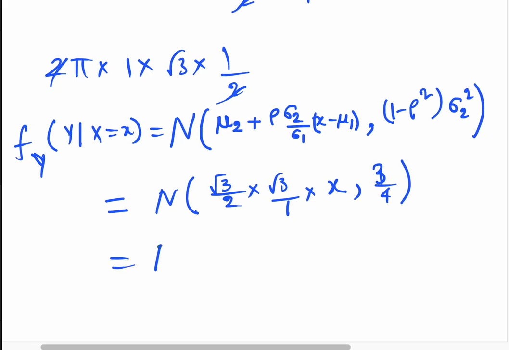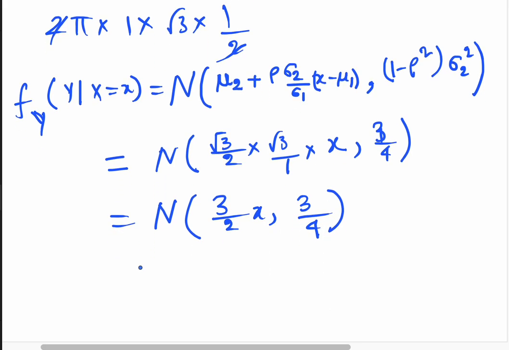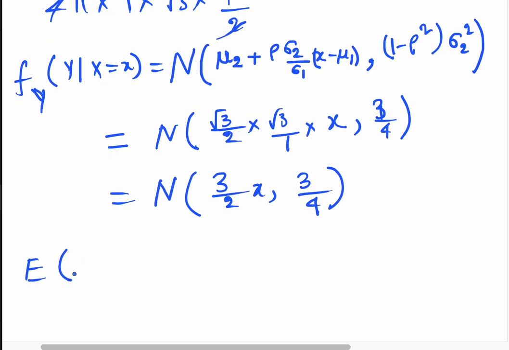That means a normal distribution with mean 3 by 2 x and variance 3 by 4. So the expectation value of Y at X equal to small x is the mean, 3 by 2 x. That is the answer.